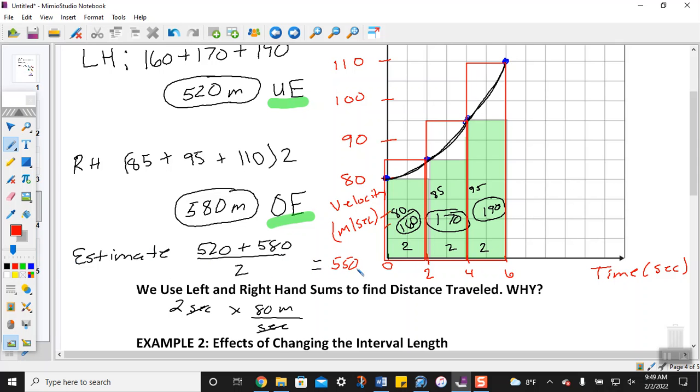So based off of that table, a good estimate for distance traveled in the first 6 seconds, knowing that I time every 2 seconds, might be about 550 meters traveled. Okay? That's like going around the track 1.5 times almost in 6 seconds.